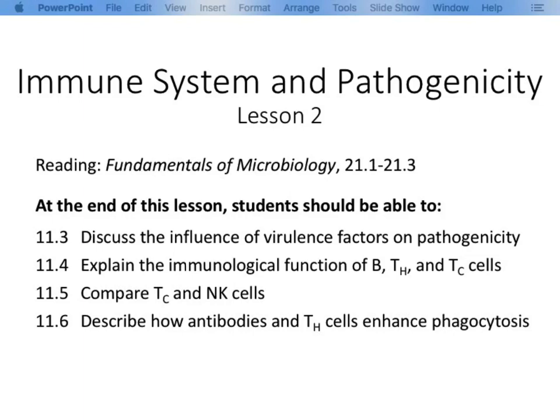We began to talk about the function of at least a couple of these here, T helper and TC. We'll talk about B cells on Friday, so let's make that our primary focus. I just had you doing a little comparison between TC and NK cells. And then 11.6, how antibodies enhance that immune response, we'll cover on Friday.